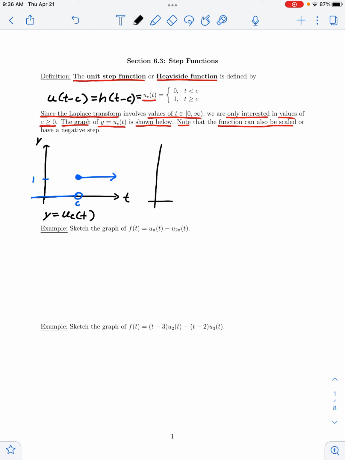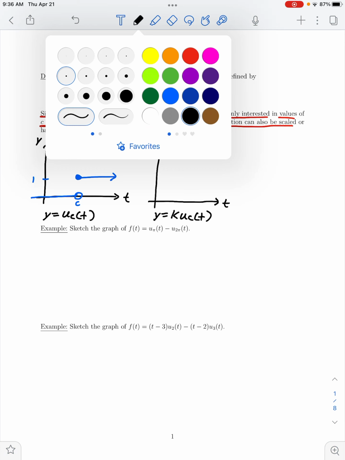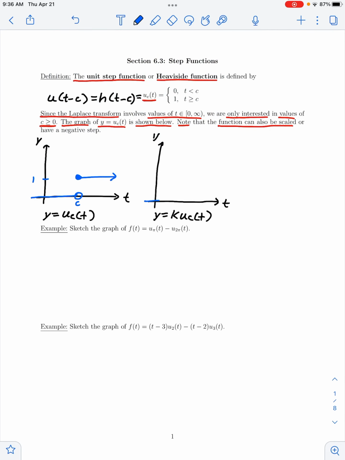So for instance, if we were to consider in the ty plane the graph of some constant, let's say k times this unit step function, that would be the function defined as 0 up until time c, at which point our unit function u has a value of 1, and since I'm multiplying by k, the value would be k times 1 for all time greater than or equal to c. So we can scale the size of this step.